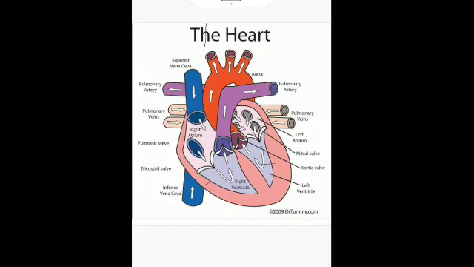Now talking about the chambers of the heart, the heart has 4 chambers or compartments. The upper 2 chambers, I have told you, are the atrium or the auricles, that is the right and the left auricles, and the ventricles are the lower 2 chambers.